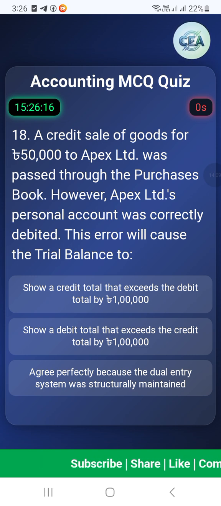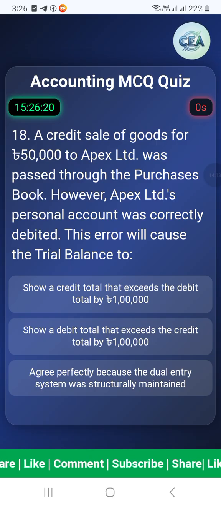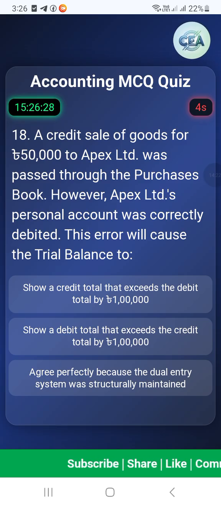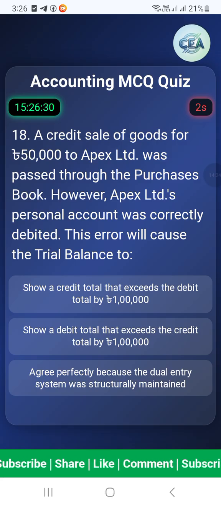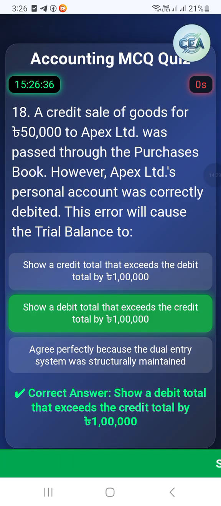Show a debit total that exceeds the credit total by 100,000 takas. Option 3. Agree perfectly because the dual entry system was structurally maintained. Correct answer is show a debit total that exceeds the credit total by 100,000 takas.